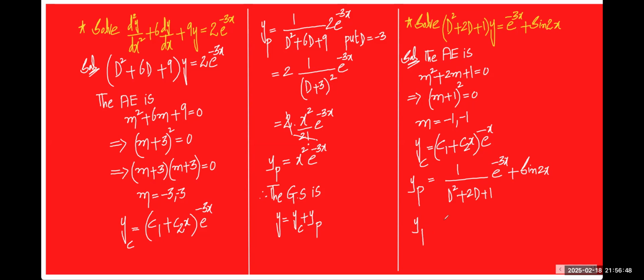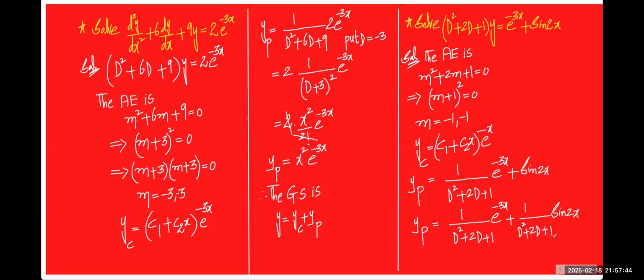This is equals to 1 by (D square plus 2D plus 1) into e power minus 3x plus 1 by (D square plus 2D plus 1) into sine 2x. What happens when we simplify each part will be discussed on the next page.